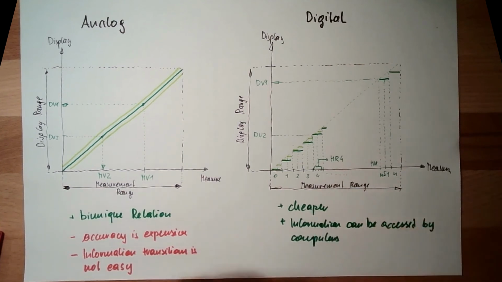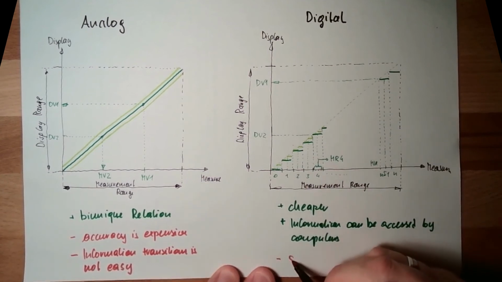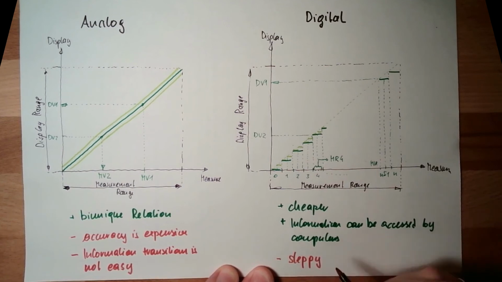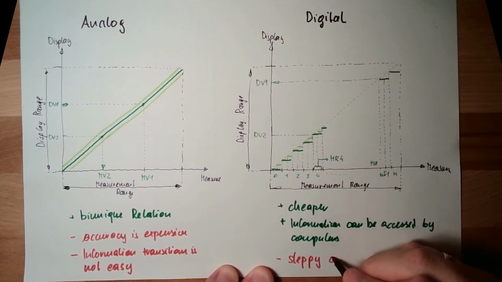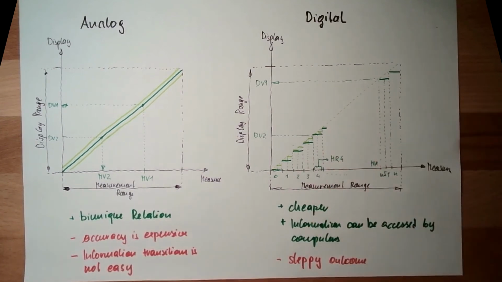And the disadvantage, of course, is the steps. Steppy, is this even a word? A steppy outcome. The steps in the outcome are the disadvantage here.